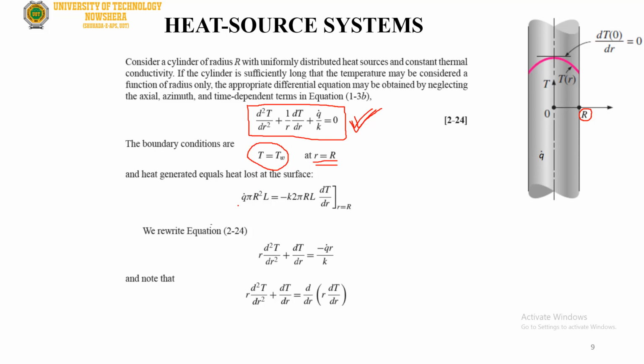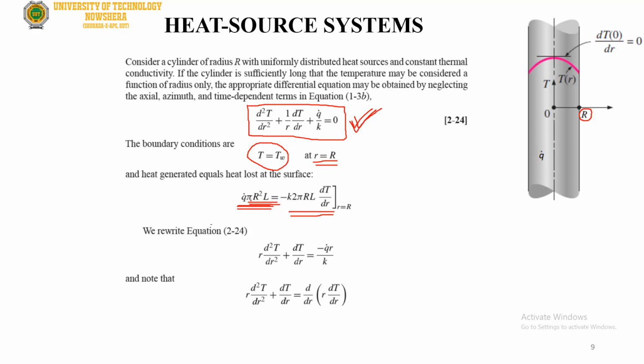Now that we have discussed that heat generated inside the cylinder is equal to heat conducted to the outside surface of the cylinder. Remember, heat generation is a volumetric phenomenon.